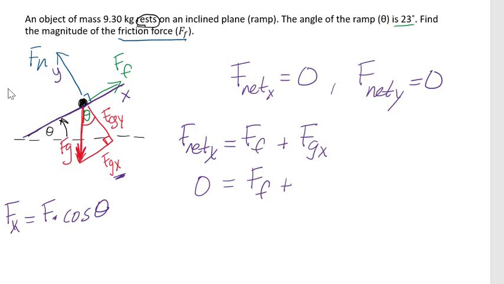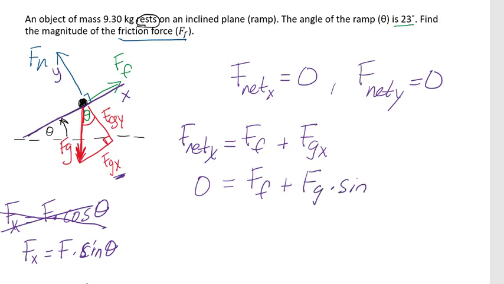So that would be sine. So only when you're doing ramps, the x component is F sine of the angle. In other words, that's going to be Fg times sine of the angle, which is 23 degrees.